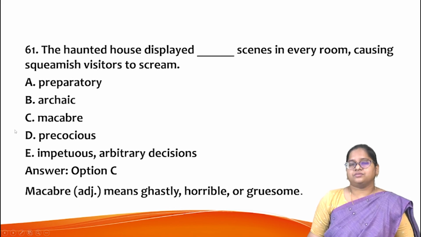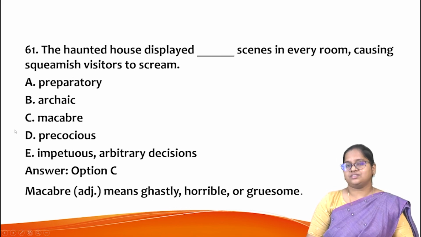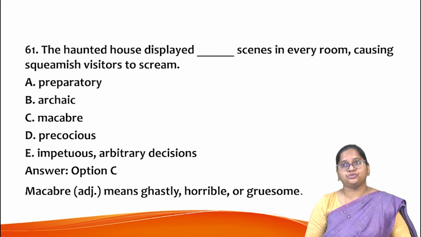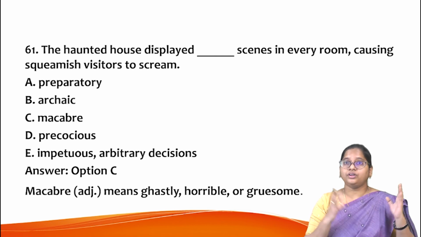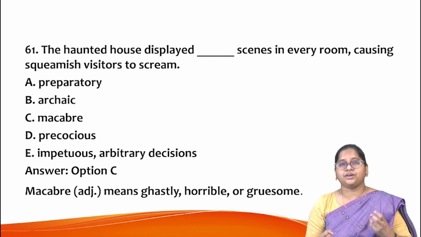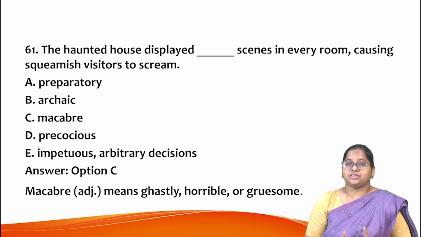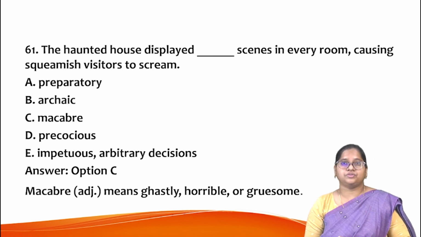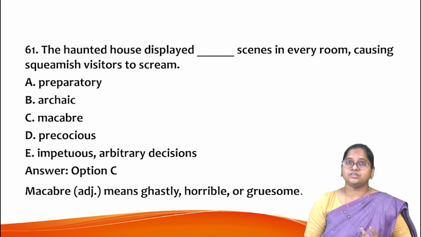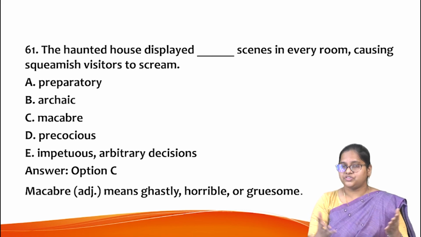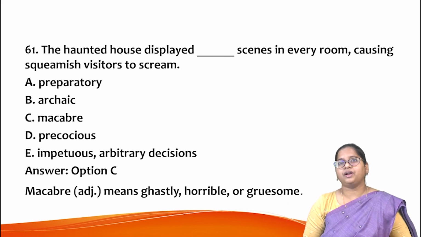The last question for this session is this. The haunted house displayed blank scenes in every room, causing squeamish visitors to scream. The haunted house displayed scenes that are threatening and fearful. Preparatory means something well prepared. Archaic means not even existing.